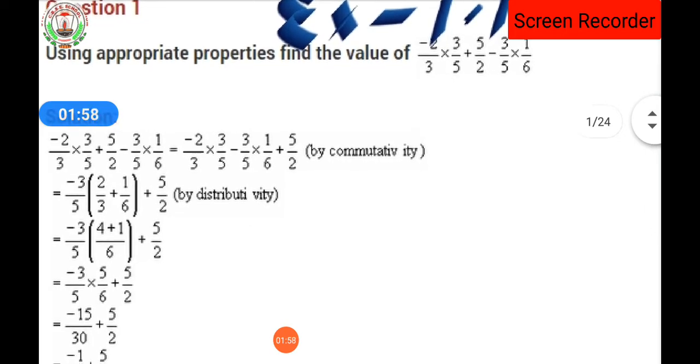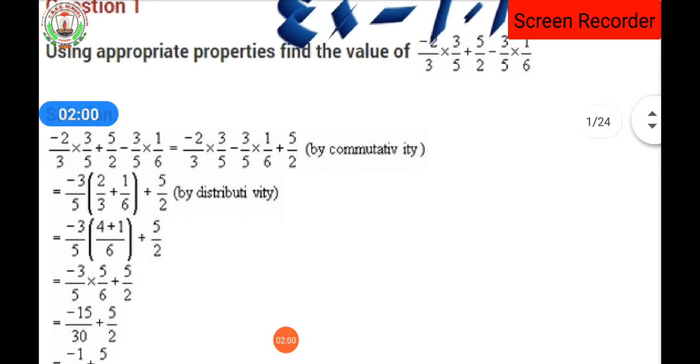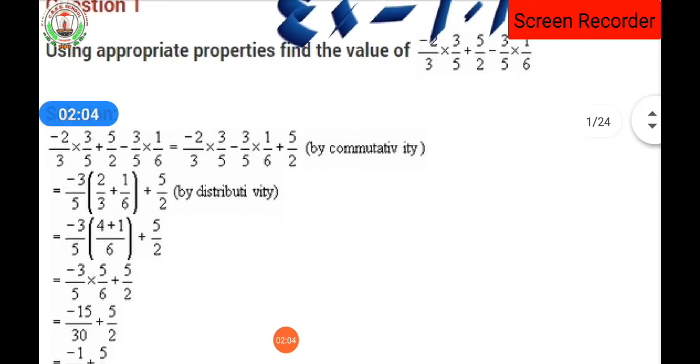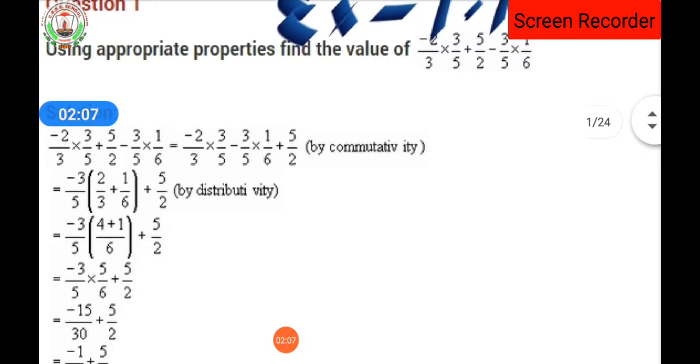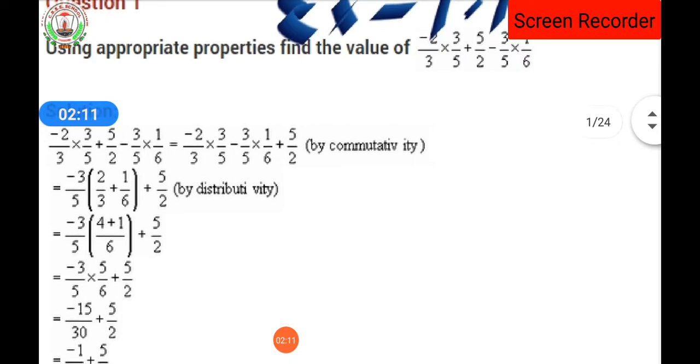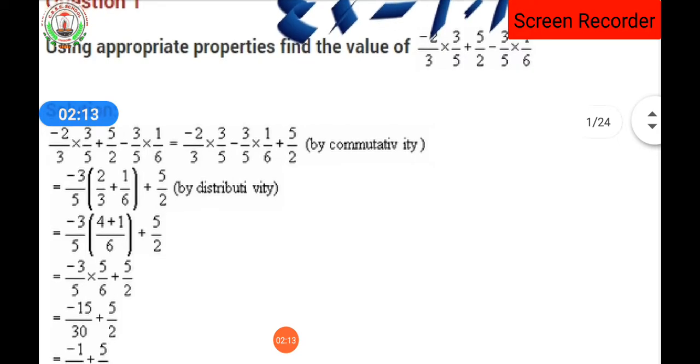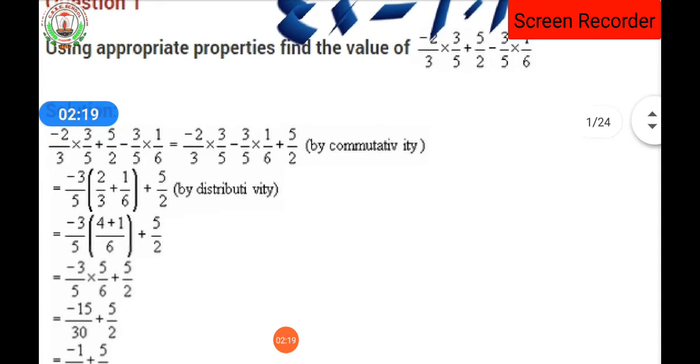Among that, addition property, multiplication property, subtraction property, and one more is the division property of a rational number. Under these four categories, many properties are there, like in addition, commutative, associative, closure, additive, like that. So one by one we are going to use the property to find the solution of this question.